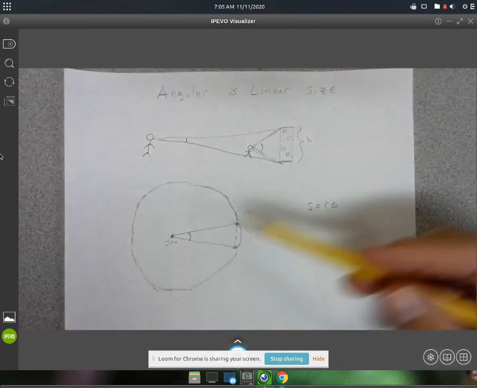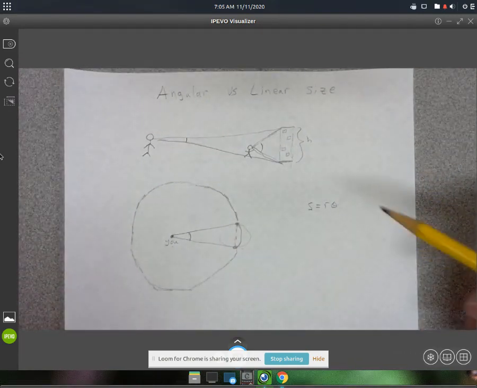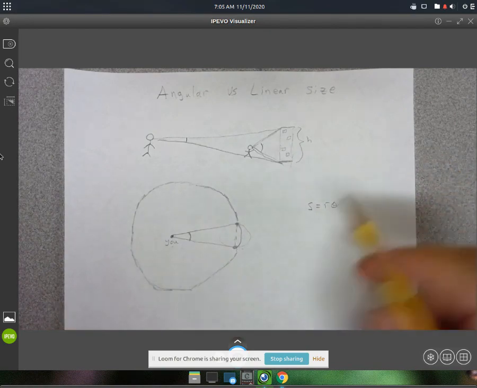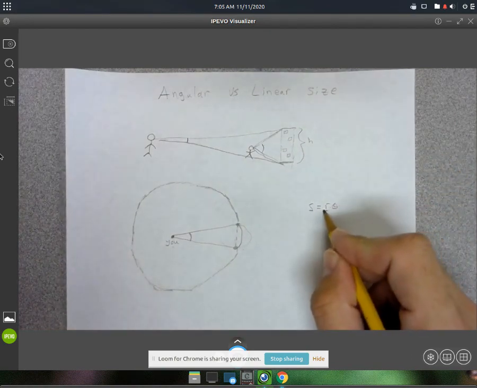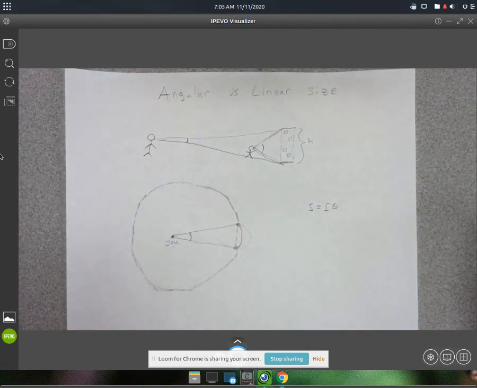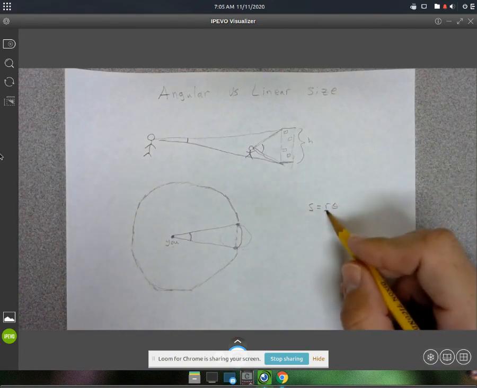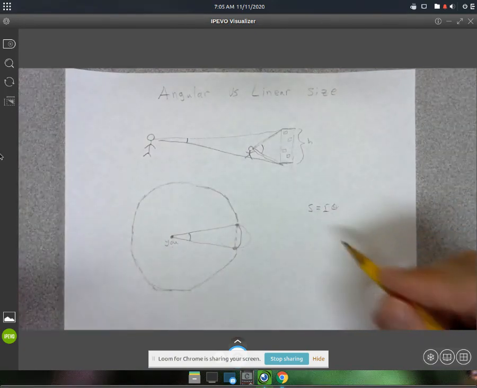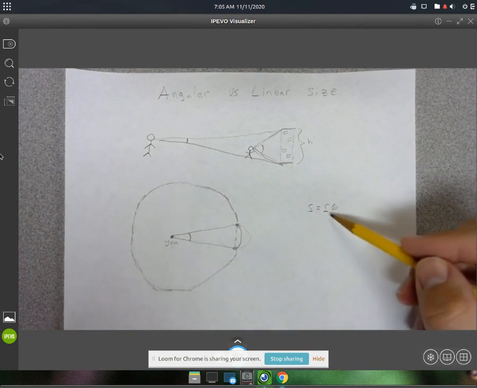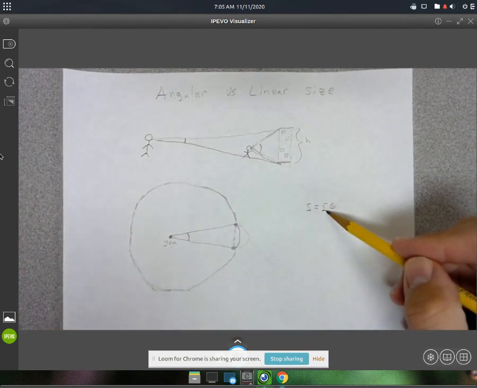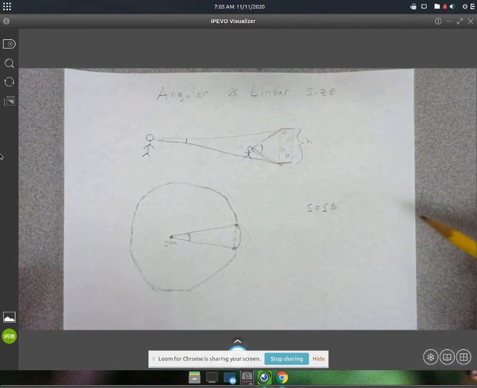Now, usually, the context here, it's always objects that are very far away. So this radius here is usually something really big. The distance between you and it is enormous. So the reason we use this is because we don't have a really good way of measuring large objects that are far away. Right?